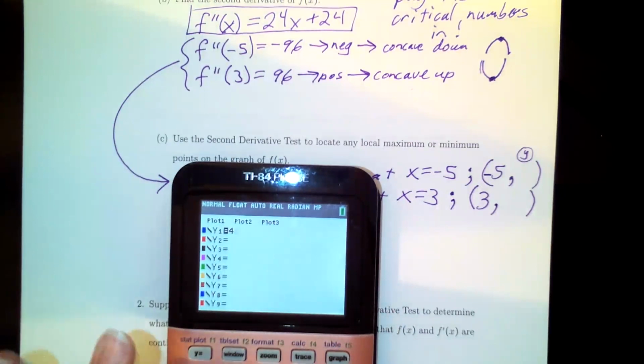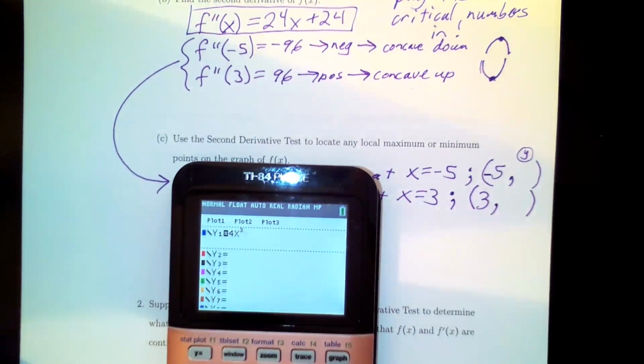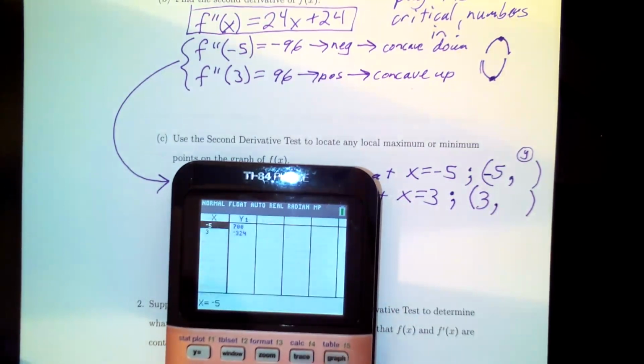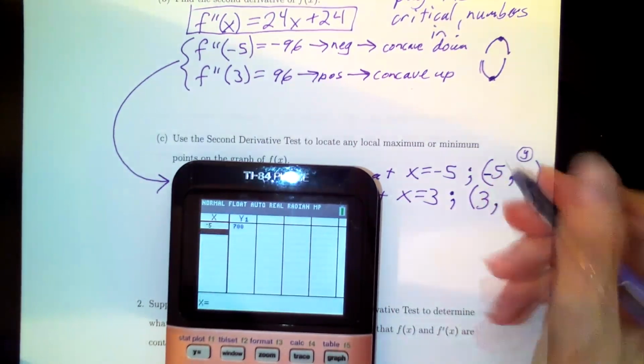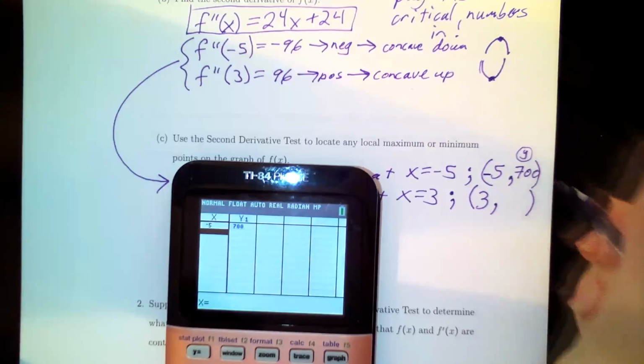If we go back to the first page, you'd see that the original function was 4x cubed plus 12x squared minus 180x. So when you punch in your x value of negative 5, we get a y value of 700.